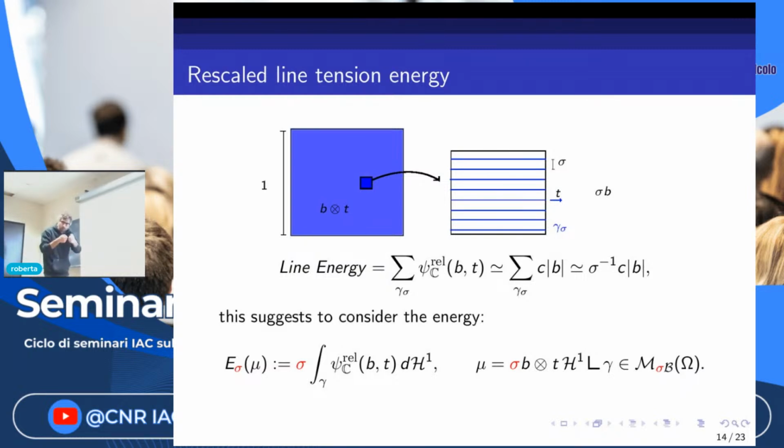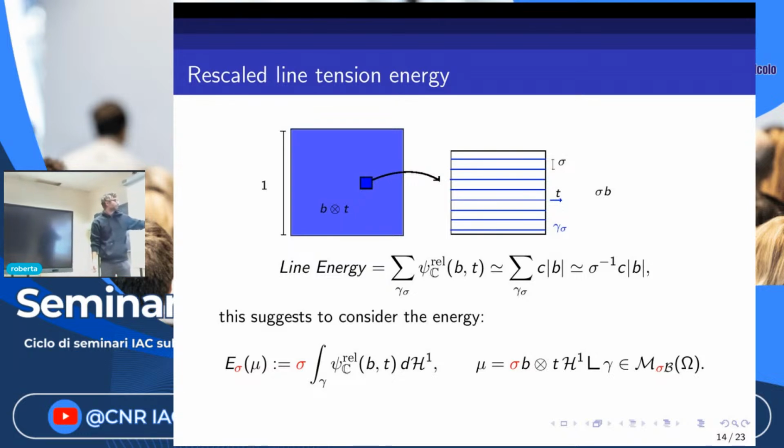Then I look closely at a scale smaller than the macroscopic one, and I realize that maybe I can obtain such a configuration by dividing into dislocation lines with smaller Burgers vector.